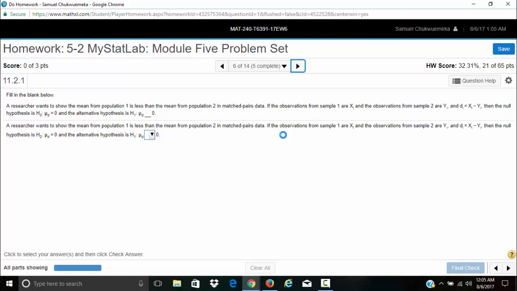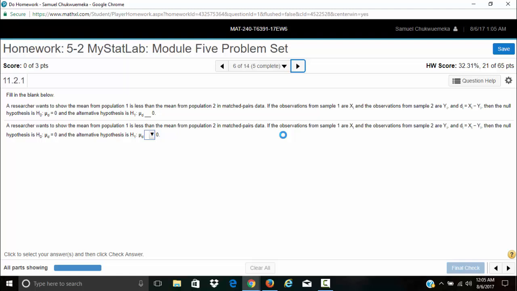So the null hypothesis is that the population mean of the first population and the population mean of the second population are the same. In other words, the difference is 0.